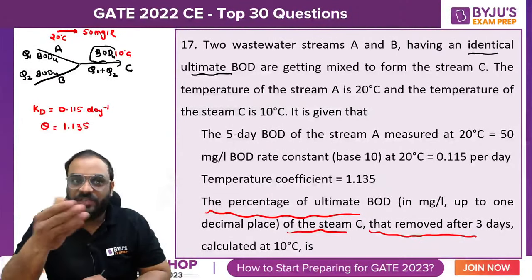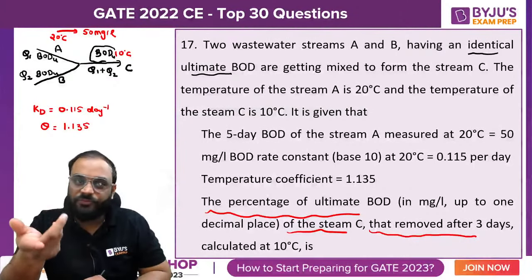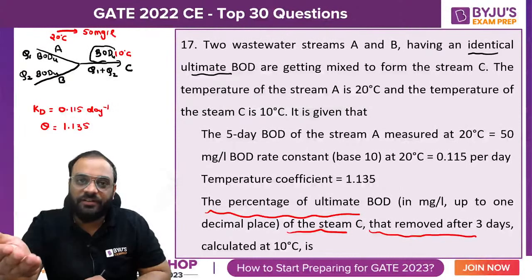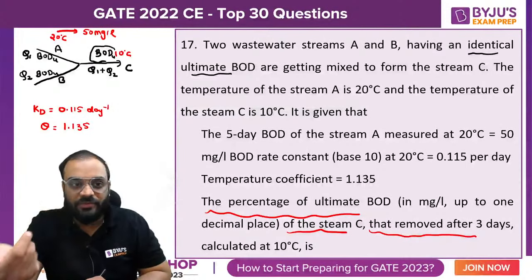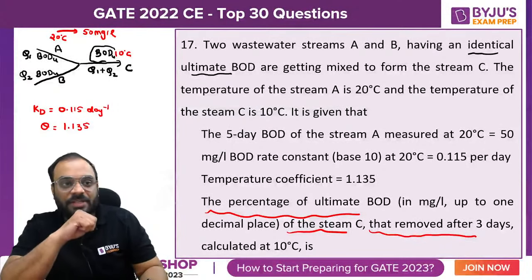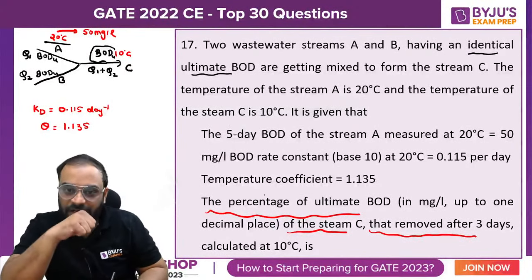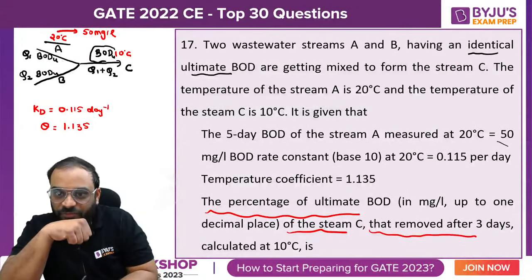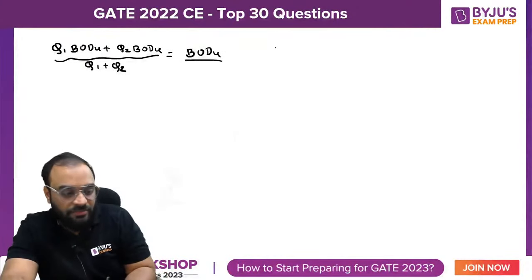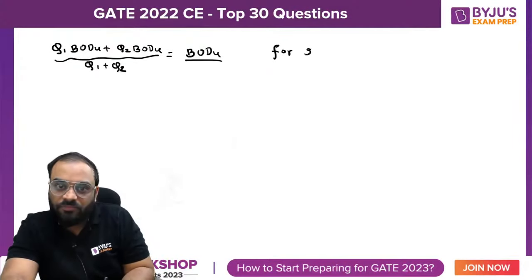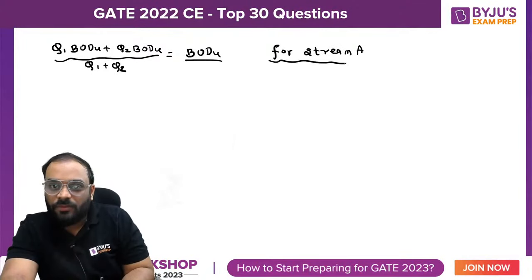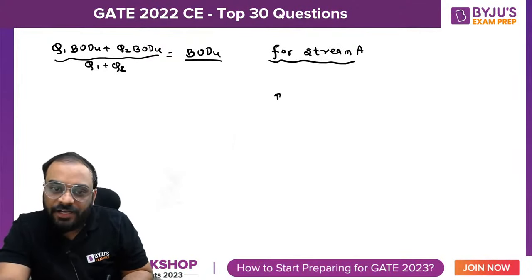Now the question is, we need to find out the ultimate BOD for C, right? So we will use the data from A part and we will solve it. Okay, the temperature of A is 20 degrees centigrade and the 5-day BOD is 50 milligram per liter. So for stream A, can I write it down, guys?